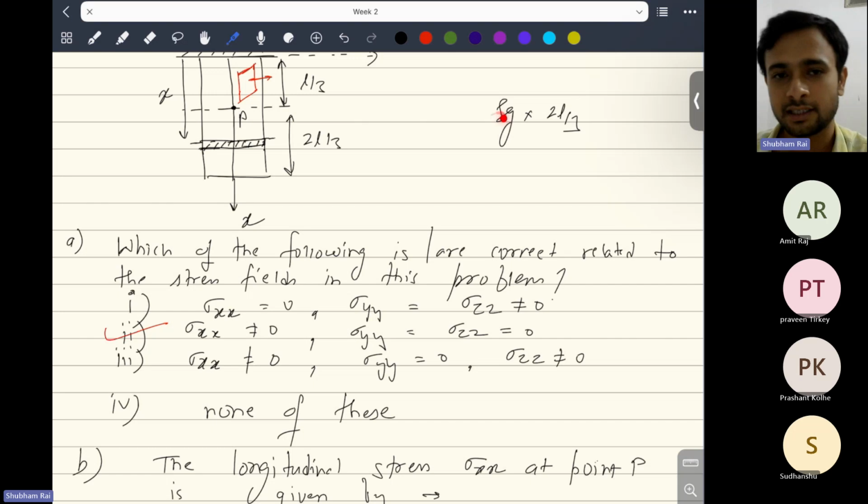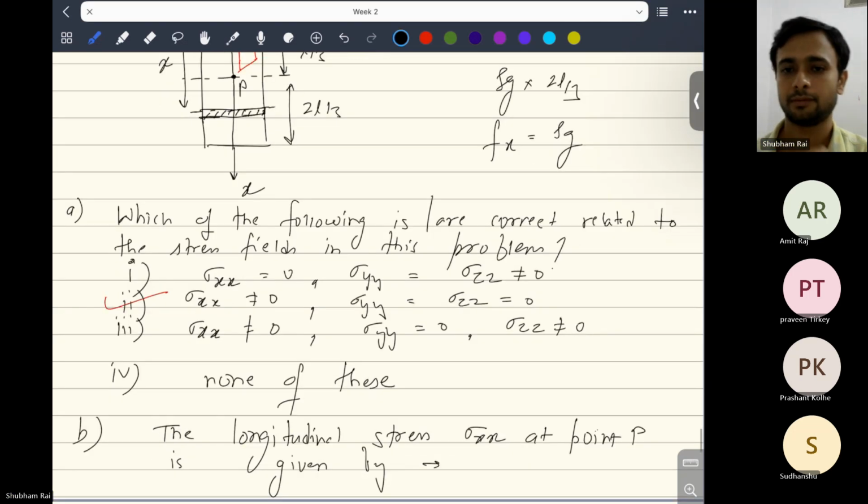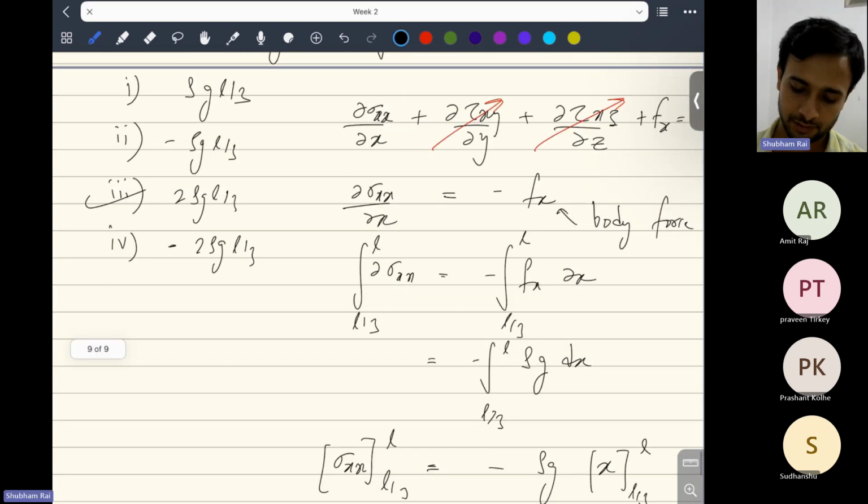Because rho you can consider as linear density, so density per unit length. So rho g into 2L by 3 will be the total force acting at point P. So per unit length, dividing by 2L by 3, you will get rho g. So that's why your Fx will be rho g. So that's what we have written here.